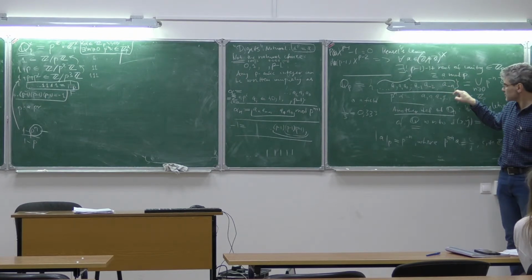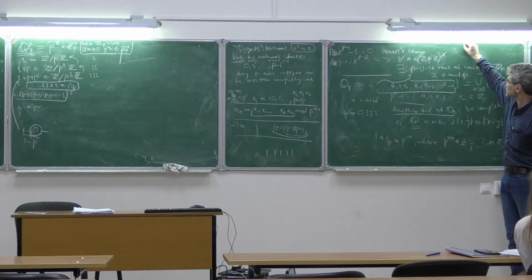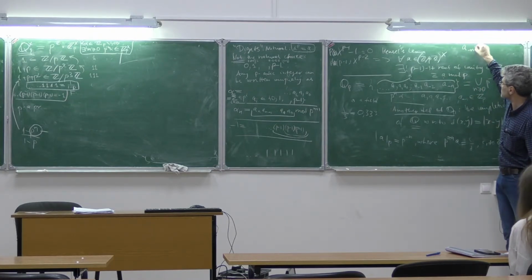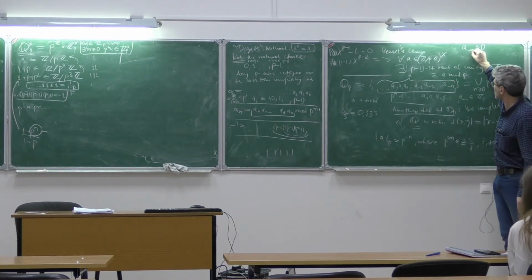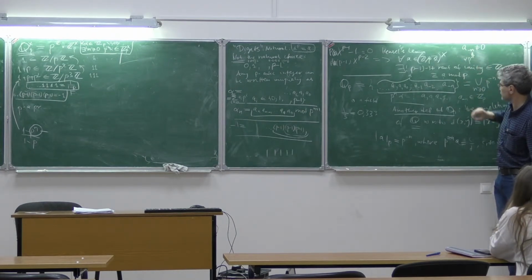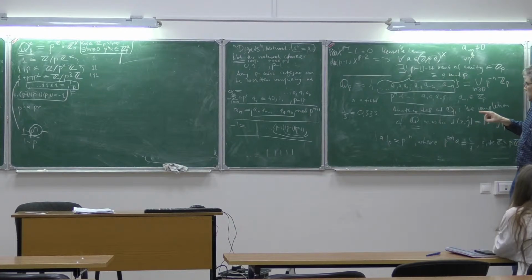So suppose that a minus n is not zero. Then we multiply alpha by p to the n, and we get an integer.